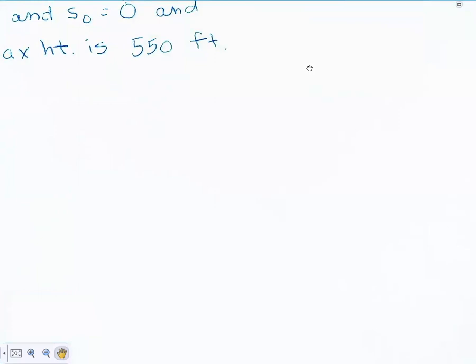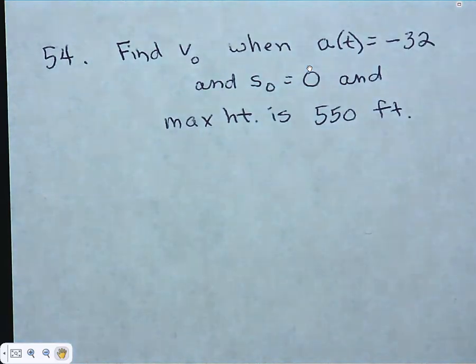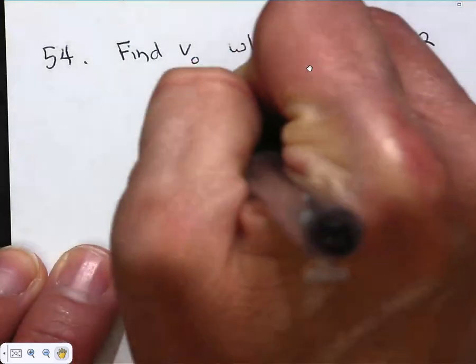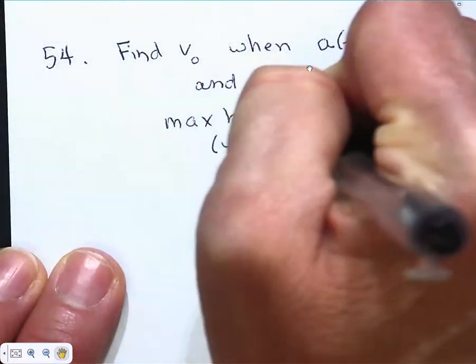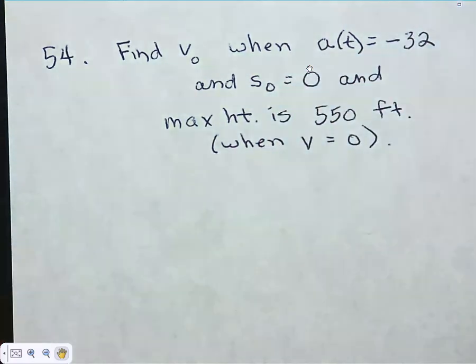Max height is 550 feet. And what do we know happens at the maximum height? The velocity is 0. All right, I think that's all we know.